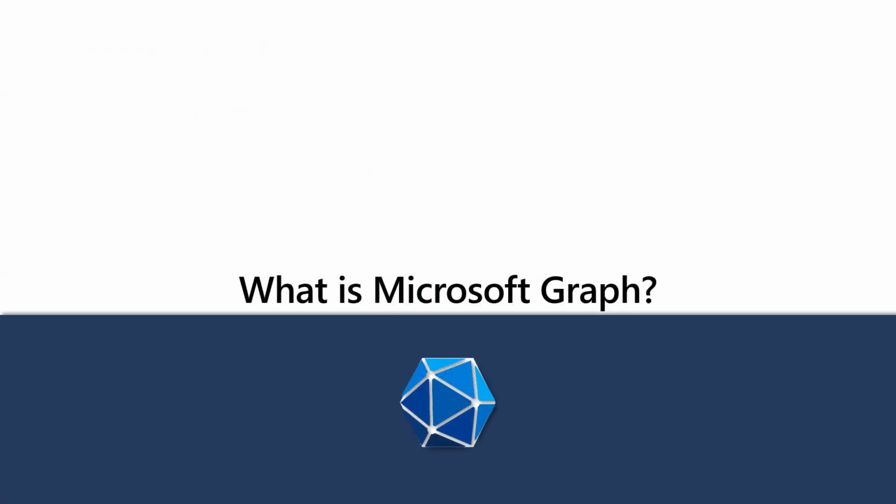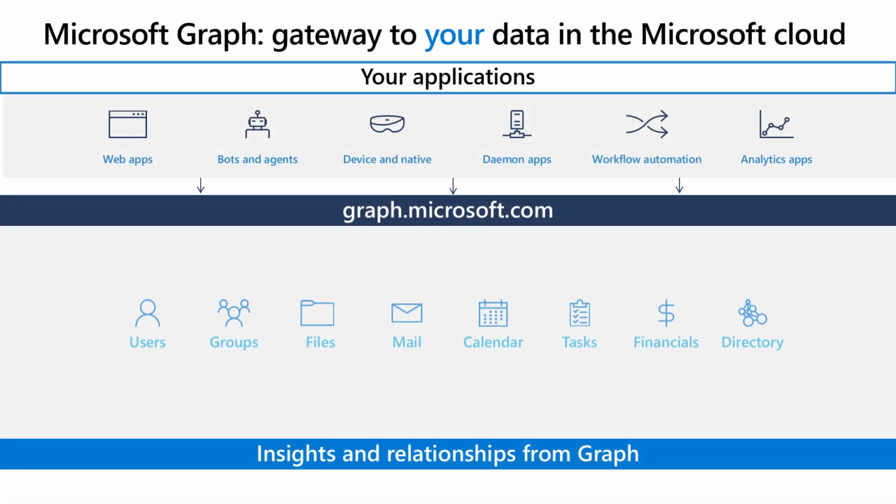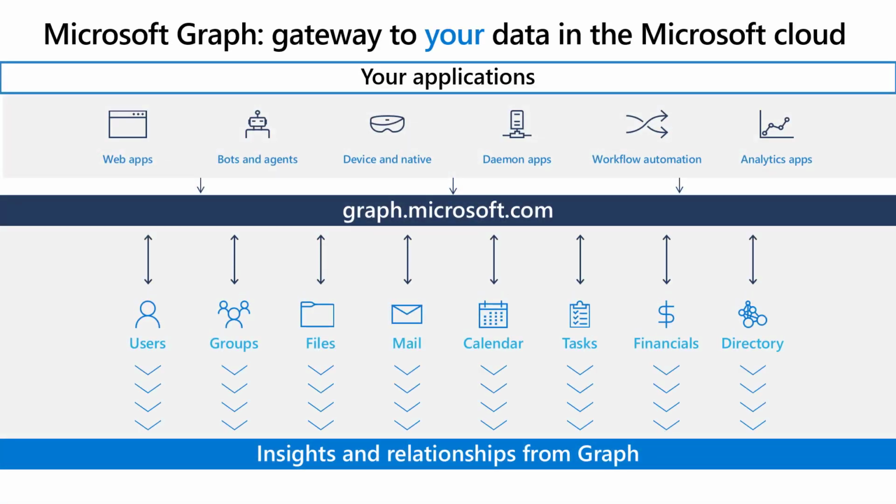Okay, so let's put a real description here. What is Microsoft Graph exactly? How and where can we use it? With Microsoft Graph, apps and services can leverage an incredibly rich data set from M365. The Graph service directs the calls to the right resource so developers don't need to worry about where exactly data lives.